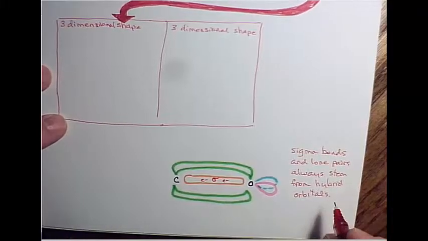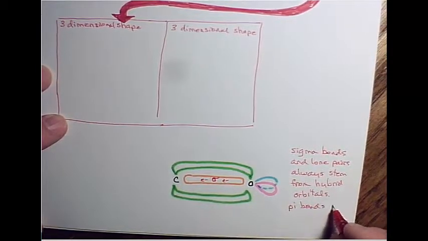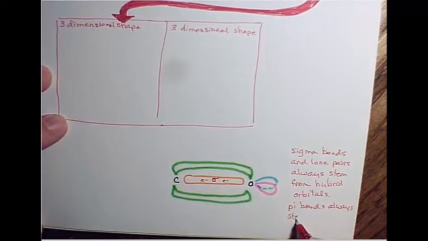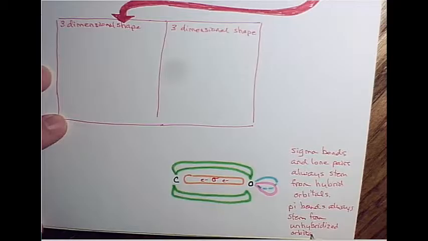Okay? Pi bonds always stem from unhybrid orbitals. Okay?